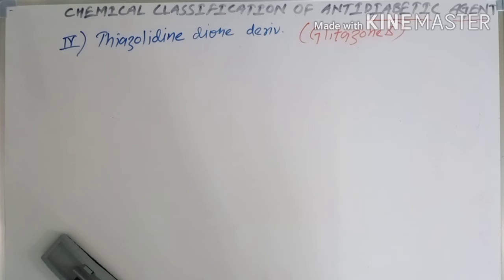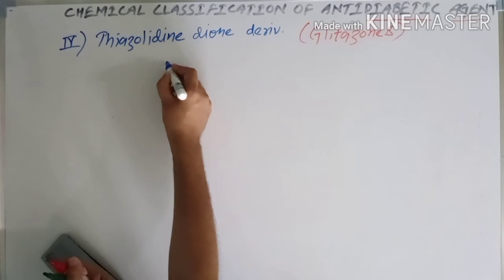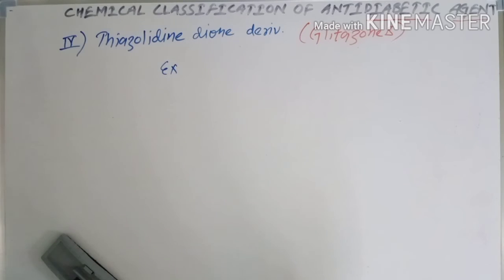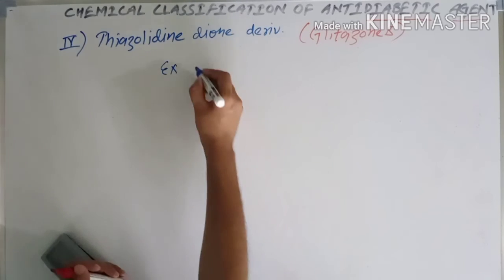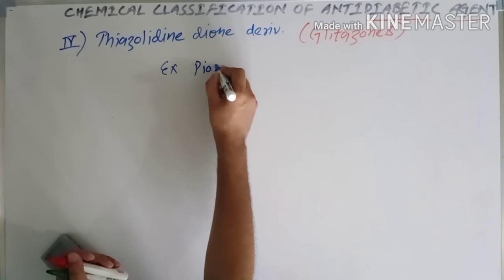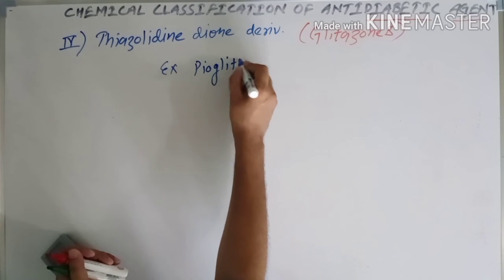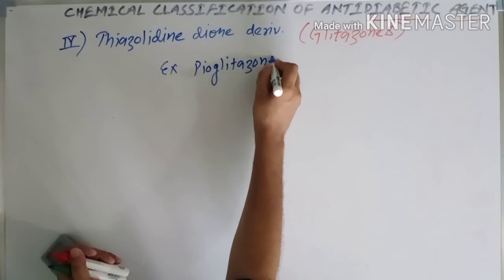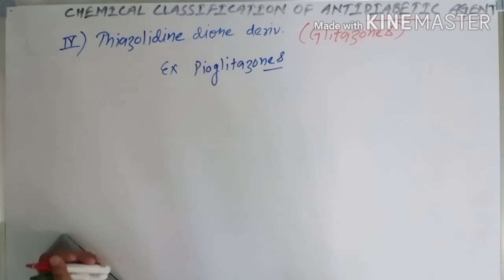Now, the example of a drug which comes under this class is pioglitazone. Now we will draw the structure of this drug.